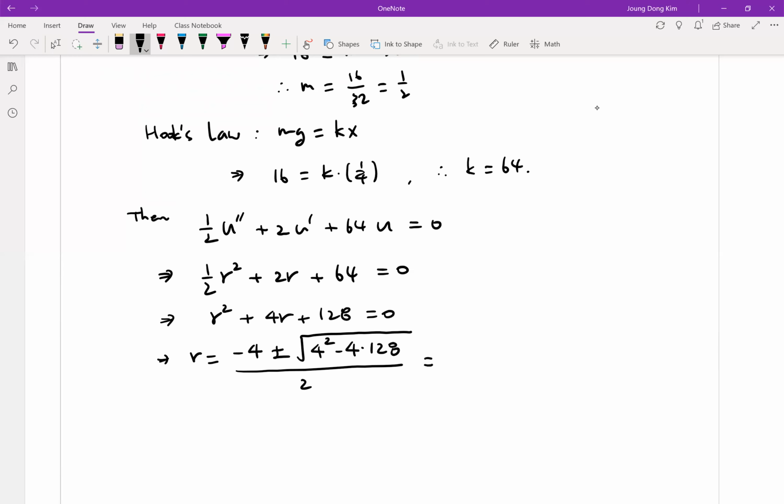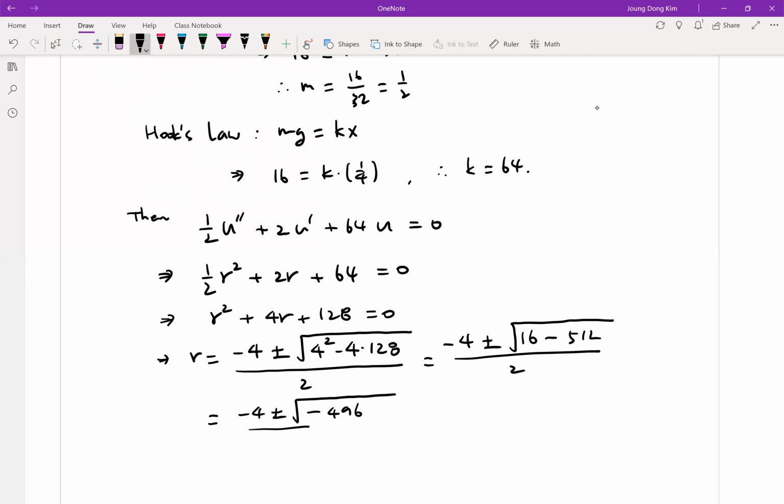It is equal to -4 plus and minus square root of 16 minus 512 over 2, which is equal to -4 plus and minus square root of minus 496 over 2.